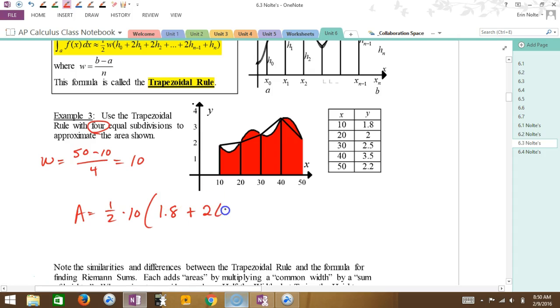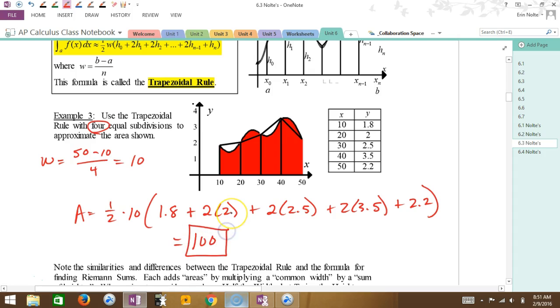So 2 times 2, 2 times 2.5, 2 times 3.5, and then we get to 2.2. We're just going to do that one once because that's on the end, the outside. Okay, so that's the quick, easy way. You could type that straight in your calculator, and I think you would verify and get the same value that I got of 100.